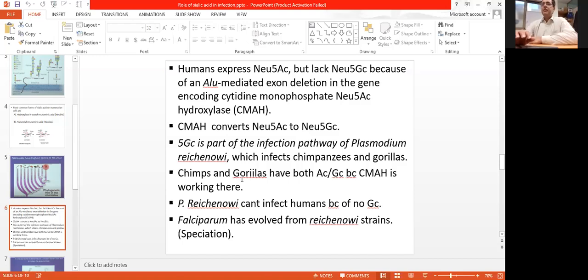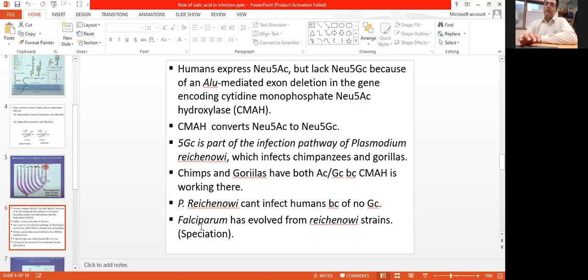And this had a changed preference for the sugars found on the surface of RBCs. So for falciparum, Neu5Ac is part of the infection pathway, and Neu5Gc is for the older type of Plasmodium species which were causing malaria in our ancestors.